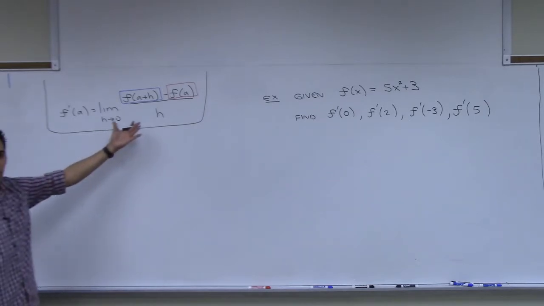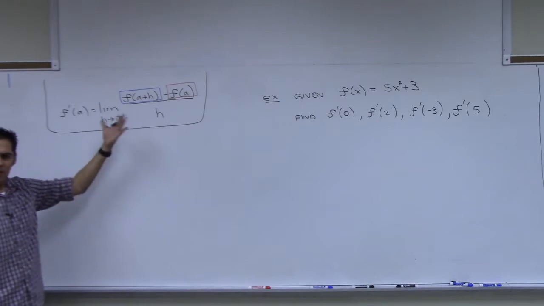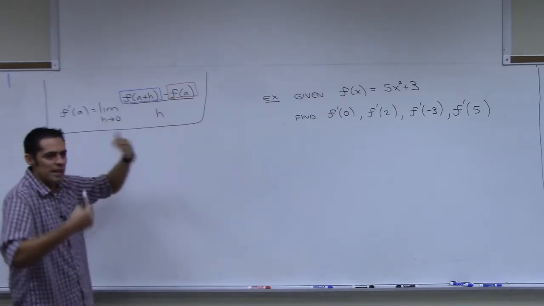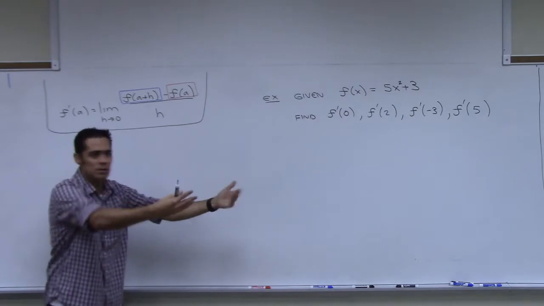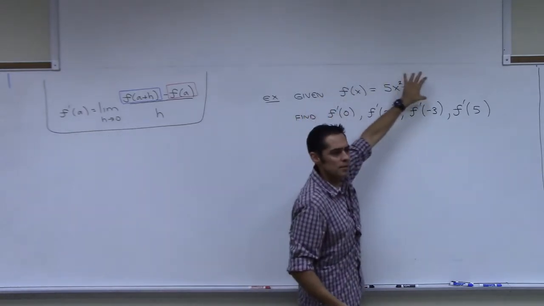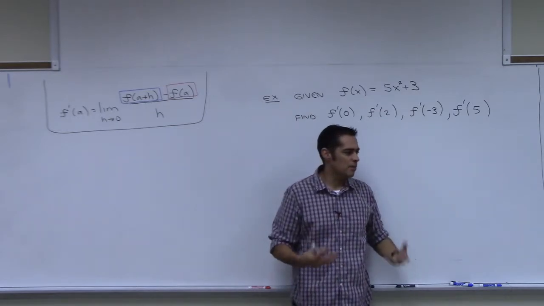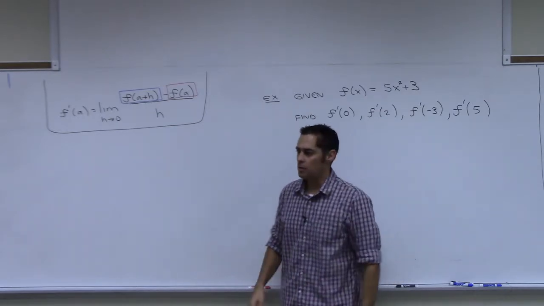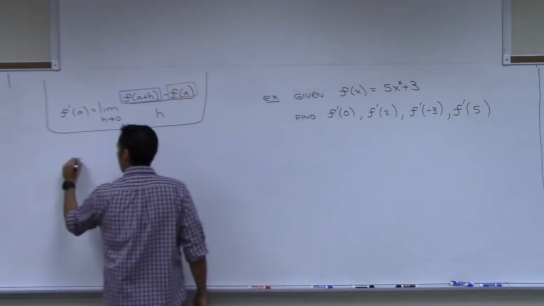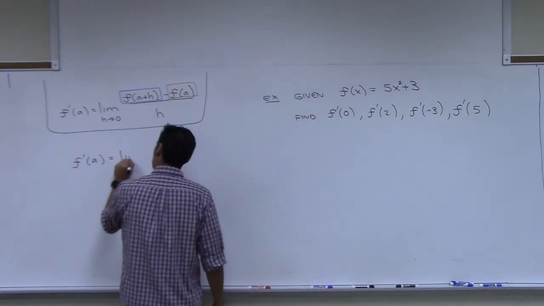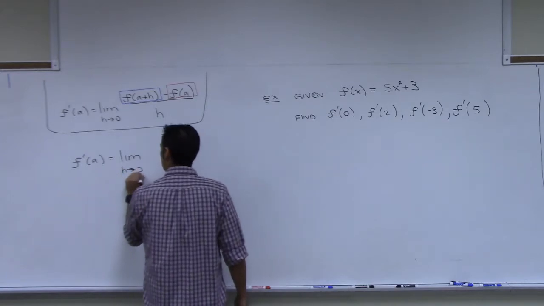We're still using this formula, right? The only thing that changes is that when we plug a plus h in, it's actually what are we plugging it into? And this is what we're plugging it into this time. And that squared is going to have a pretty dramatic impact on the way things go. So you ready? Let's do it. So f prime of a is equal to the limit as h goes to 0.